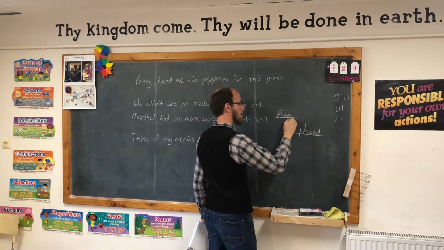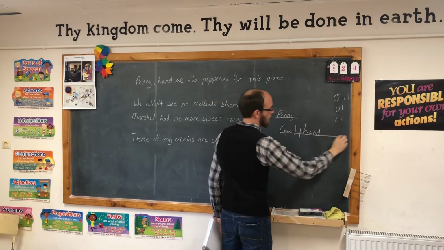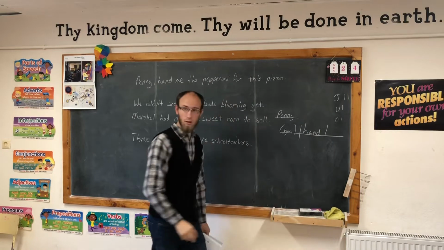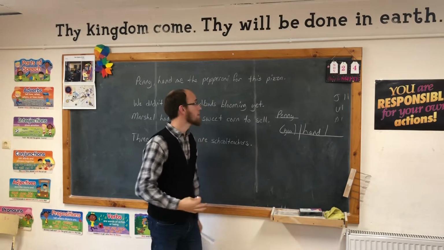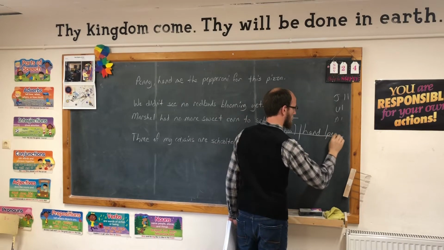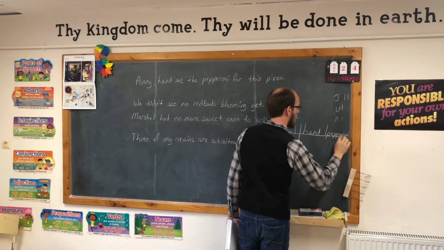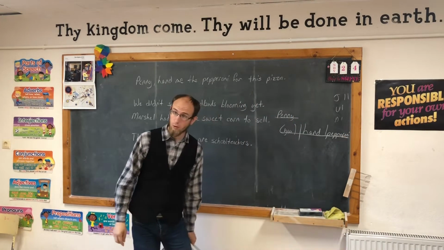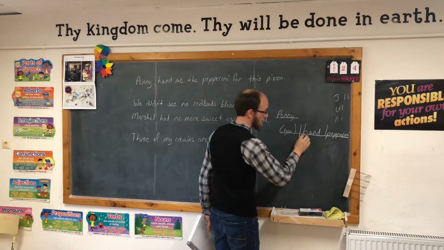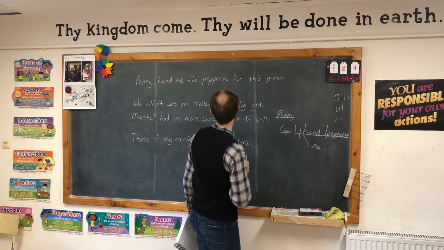And what is the subject? You. You hand who or what for a direct object? You hand pepperoni. You hand pepperoni for who? Me. For me. So that means indirect object, me. You hand me the pepperoni for this pizza.